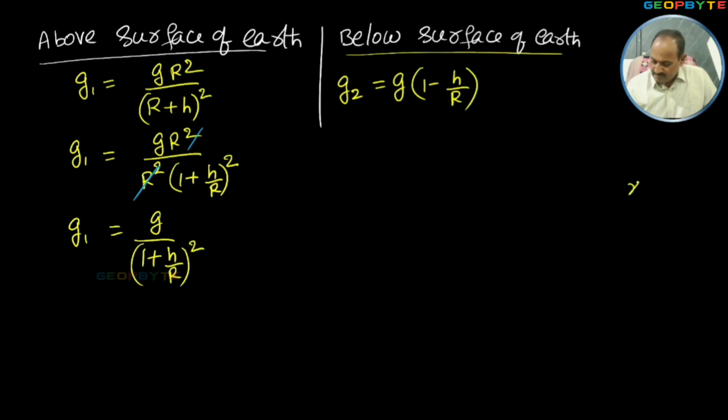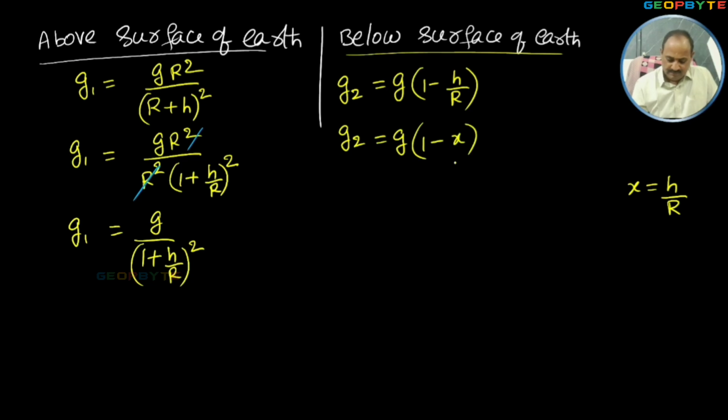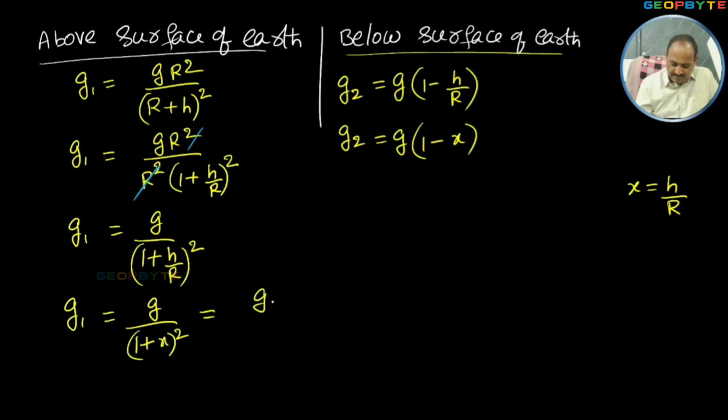Assume some x equal to h by R. Then I can write g2 equal to g into (1 minus x), whereas g1 equal to g by (1 plus x) whole square. Now it can be written as g by, let us expand it with (a plus b) whole square, 1 plus x square plus 2x.